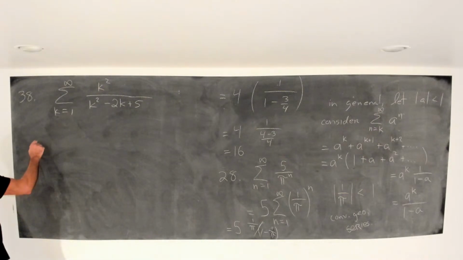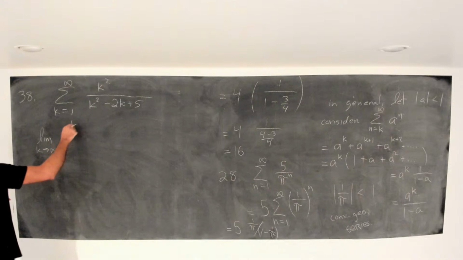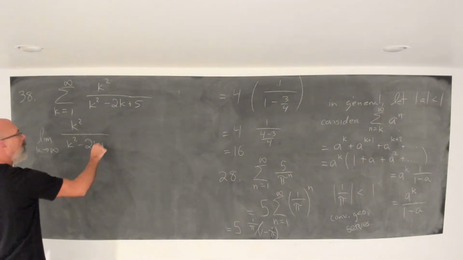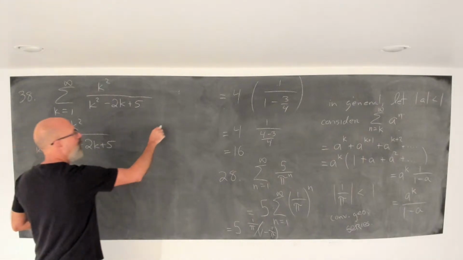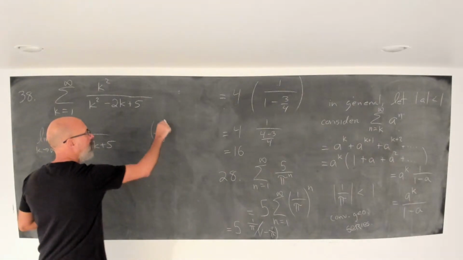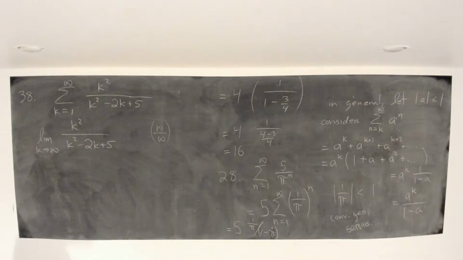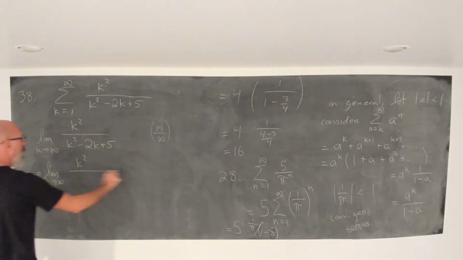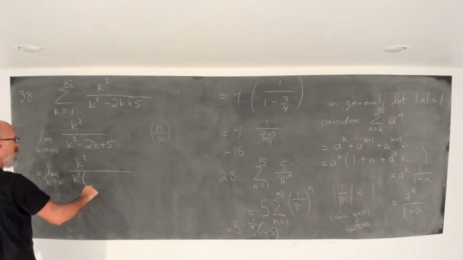And Charles suggested that if we look at the limit, this has the form infinity over infinity. So you can apply L'Hopital's rule or factor out a k squared from top and bottom. Let's do that instead. It's going to be slightly faster.